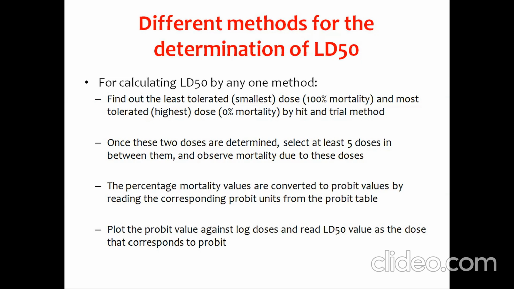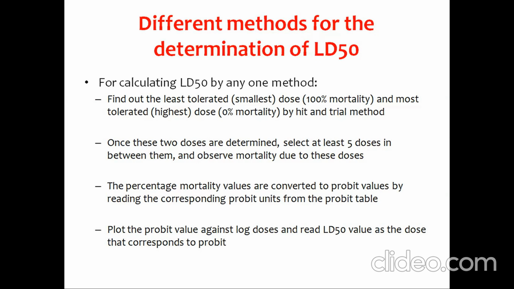For calculating LD50 by any one method, we have to find the least tolerated, that is the smallest dose with 100% mortality, and the most tolerated, that is the highest dose with 0% mortality, by the hit and trial method. Once these two doses are determined, select at least 5 doses in between them and observe mortality due to these doses.